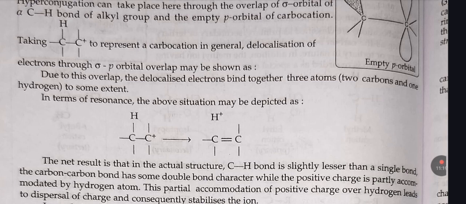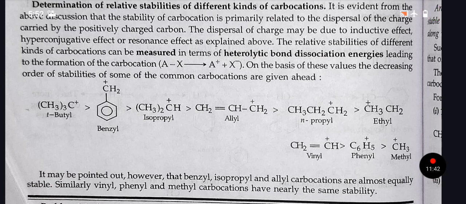The carbon-carbon bond has some double bond character, while the positive charge is partially accommodated by the hydrogen atom. This partial accommodation of positive charge over hydrogen leads to the dispersal of charge and consequently stabilizes the carbocation, which determines the relative stability of different kinds of carbocation.